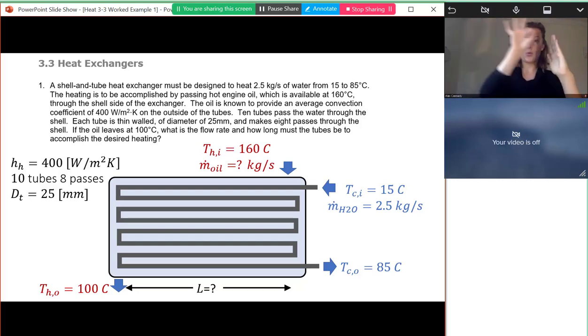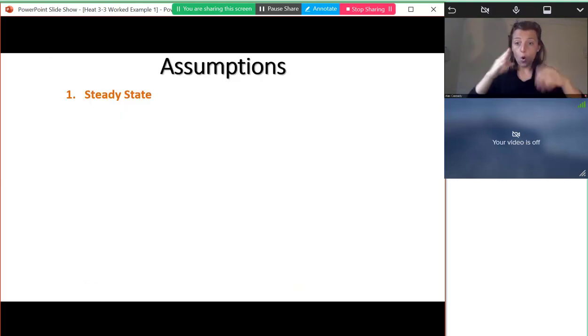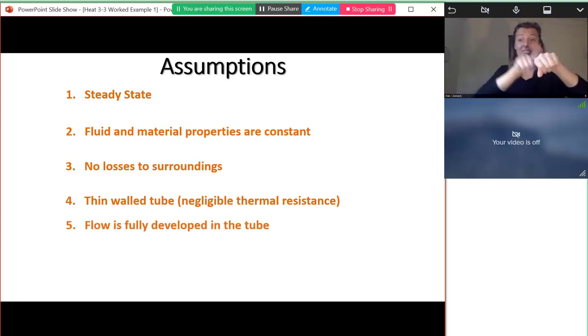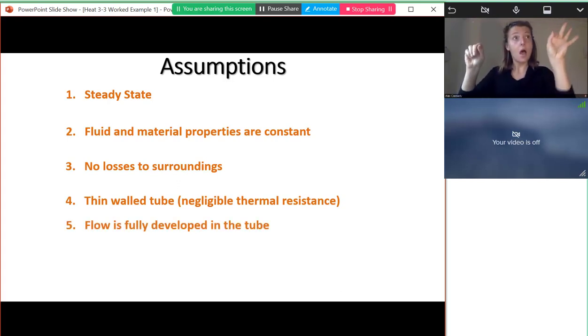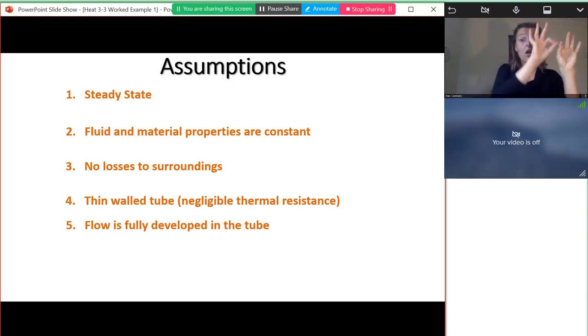So we're only talking about the length of the pass, not how much height there is as it's turning around. We're also going to assume that the flow is fully developed in the tube. I think the problem tells us that, but we're going to check that numerically anyway.